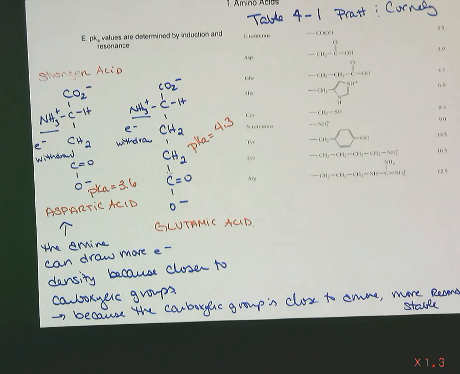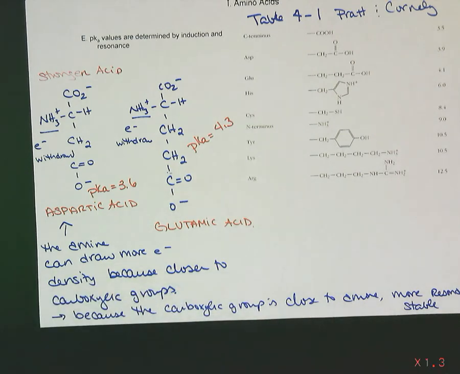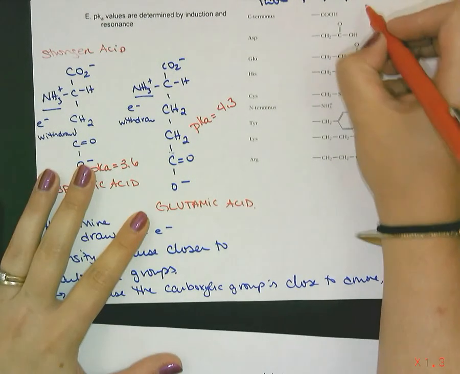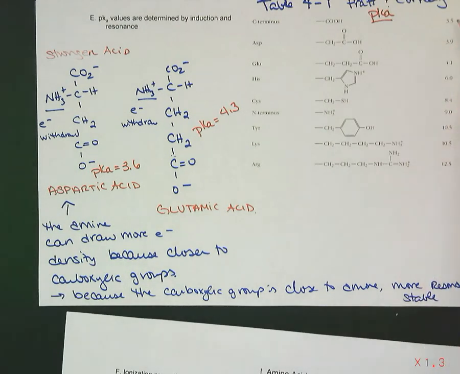Okay, why don't we do a little bit of practice looking at this pKa table and predicting net charge. So these are pKa's of different amino acids or their functional groups, right?